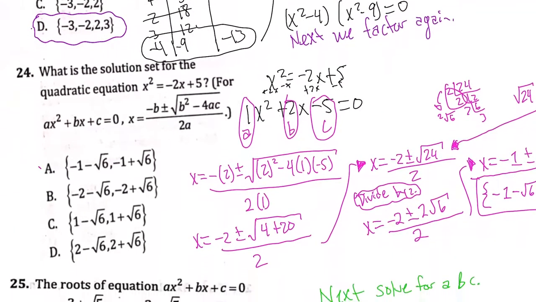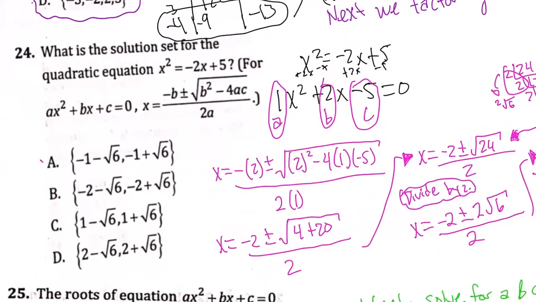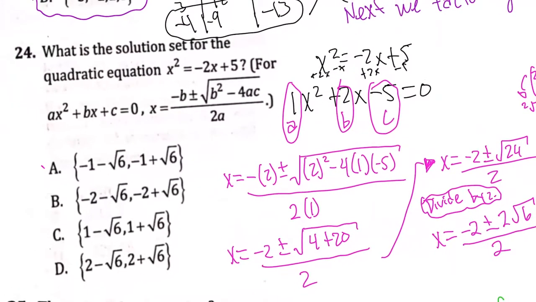Okay, now the next one here. What is the solution set for the quadratic equation x squared equals -2x plus 5?